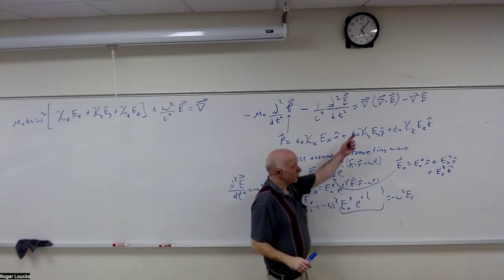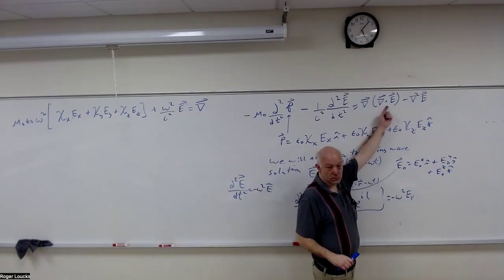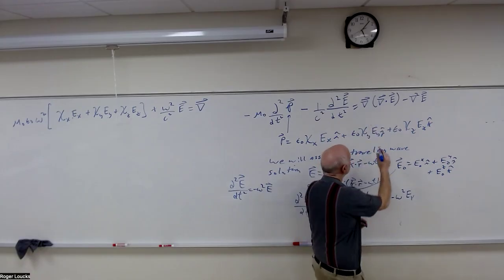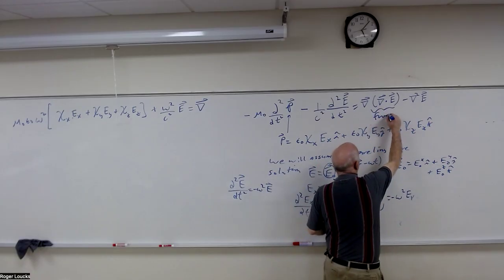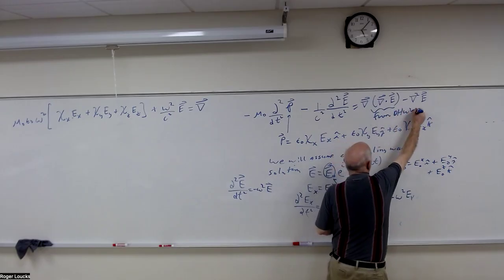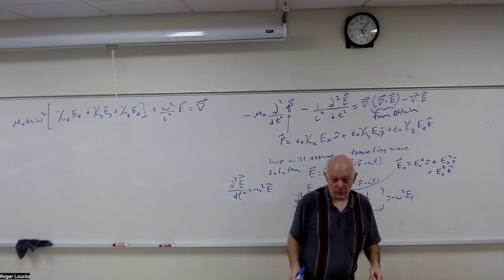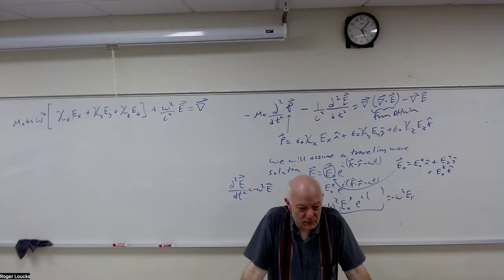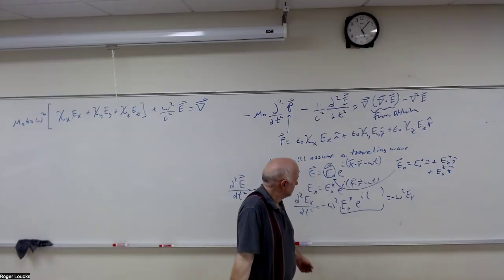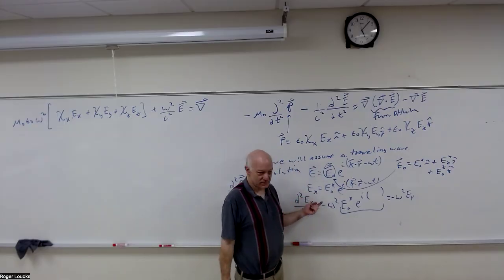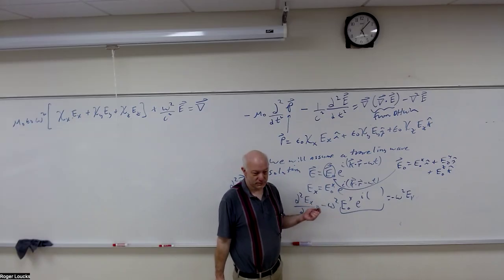This one you worked out for a daily homework assignment. What did that one give you? From daily homework. I don't remember the number. What did you guys get? You all got it correct.